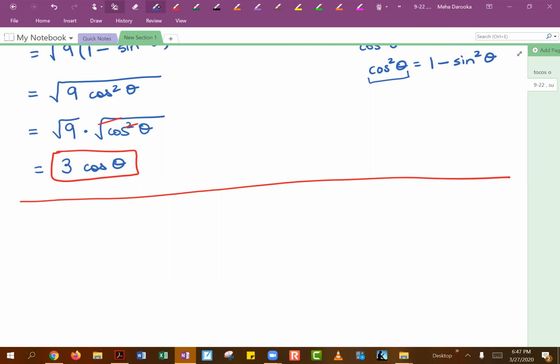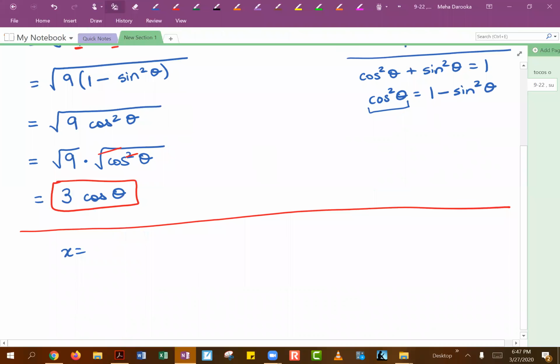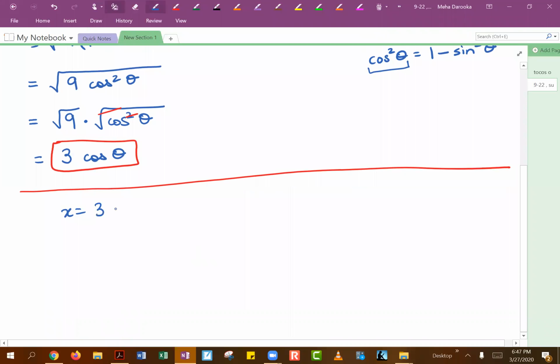Okay, so we were given this little statement here, x equals 3 times sine of theta. If I divide both sides by 3, I end up getting sine of theta equals x over 3.